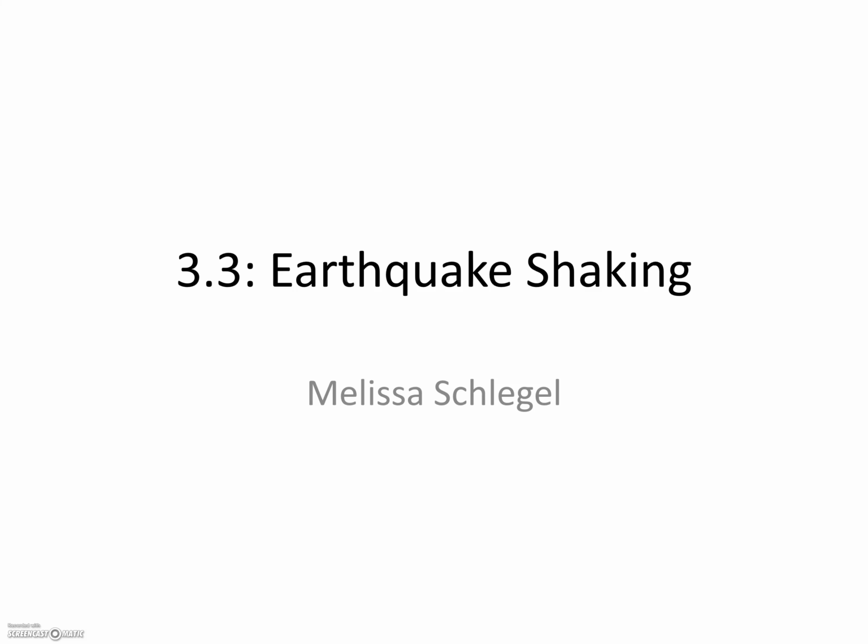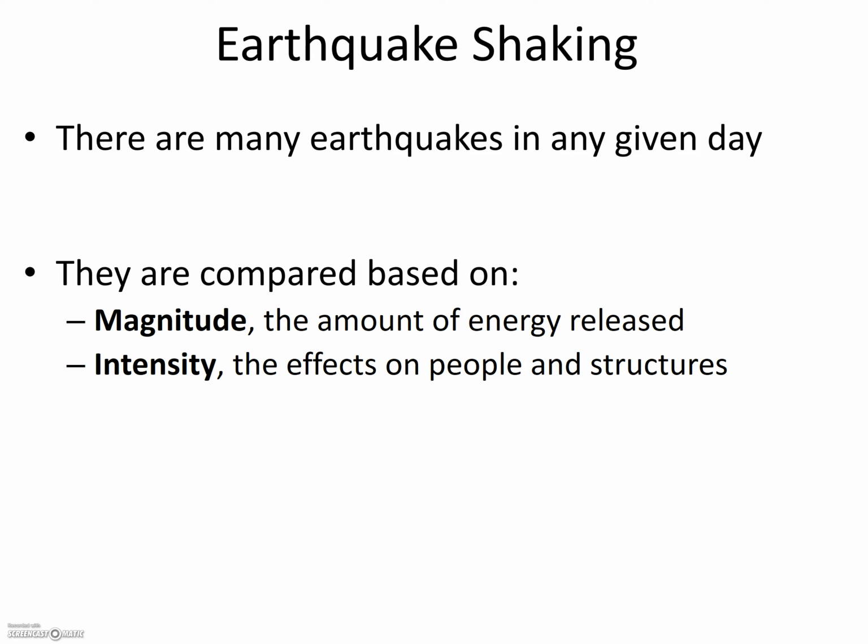3.3 Earthquake shaking. There are many earthquakes in any given day. They are compared based on magnitude, the amount of energy released, and intensity, the effects on people and structures.